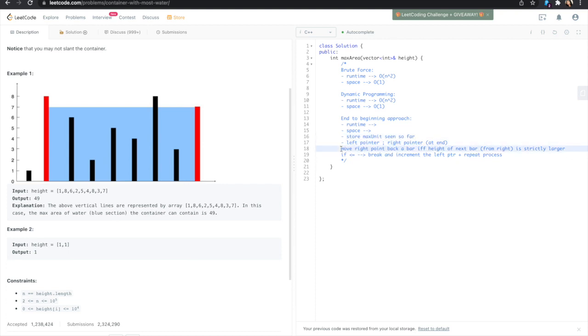And okay, if it's less than, we break and increment. If it's greater than, we just repeat this process, right? We repeat the process of, okay, if not, so if it's greater than, we just move the right pointer and repeat the process.